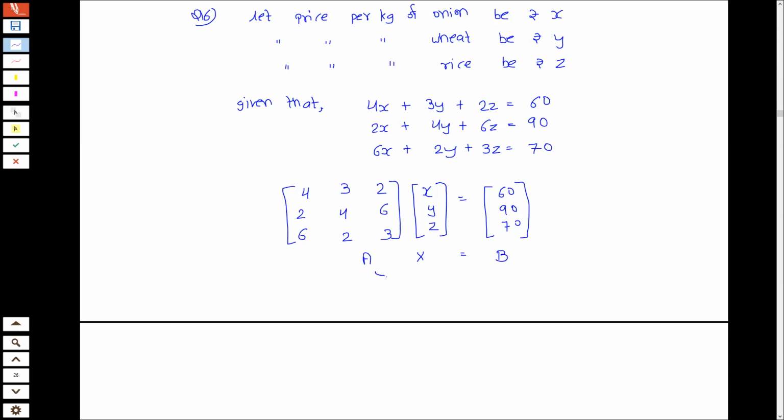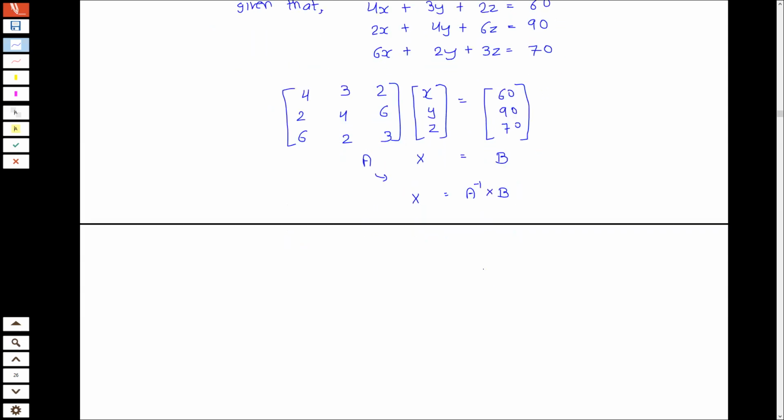AX equal to B, A goes to that side. So X is A inverse into B. Now let us solve this. Practice हो जाएगी.